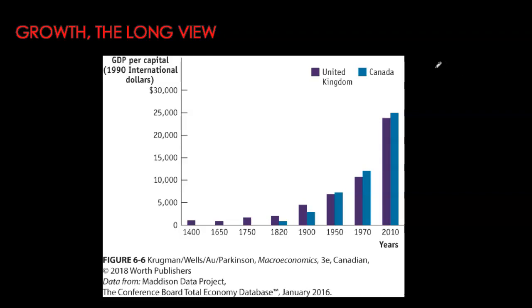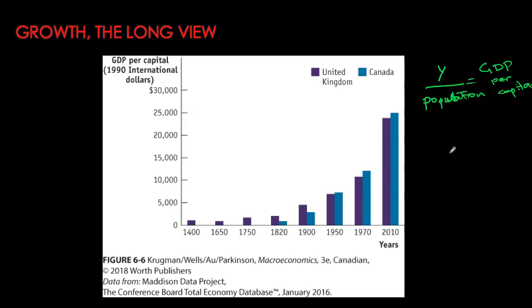GDP per capita is your production per person. If I divide the total output produced by the economy by its population, this gives us what we call GDP per capita, or GDP per person, or output per person. This is a measure of, on average, how much each person earns in this economy.